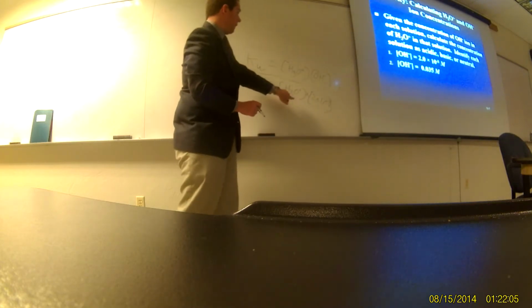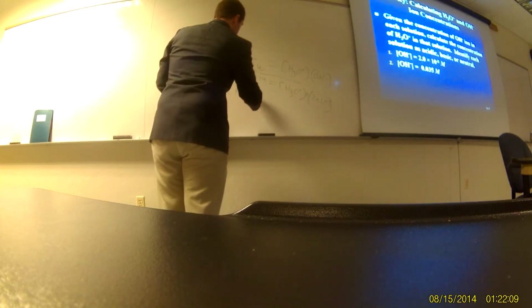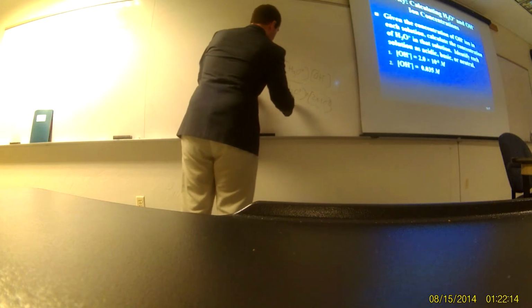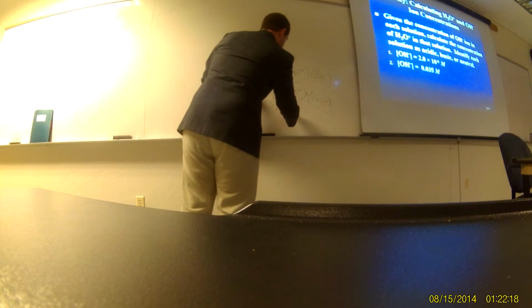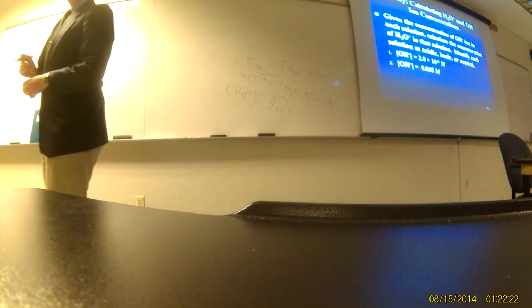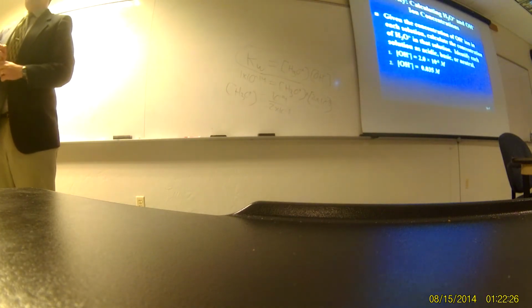If I solve for H3O plus, I get 10 to the -14 divided by 2 times 10 to the -8. When you put that into your calculator, it's begging for a wrong answer.